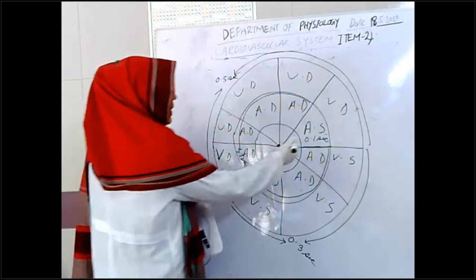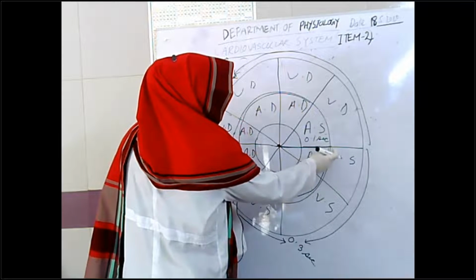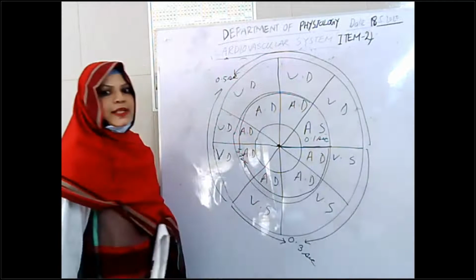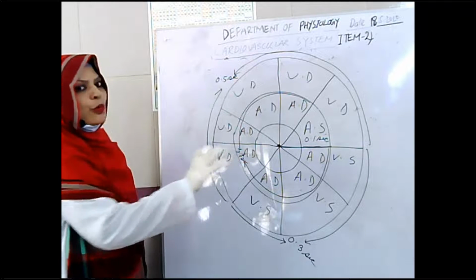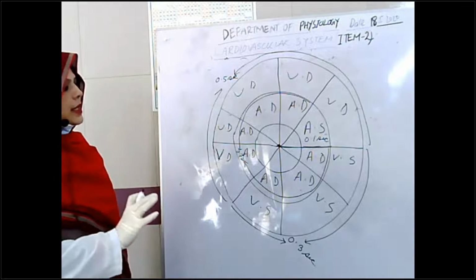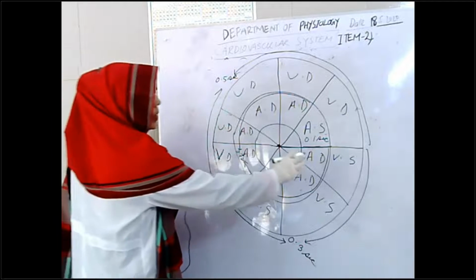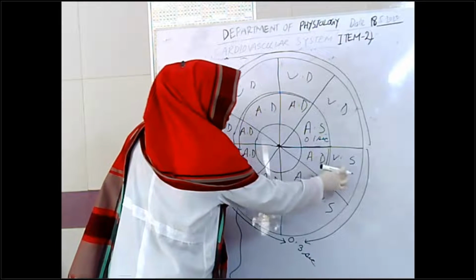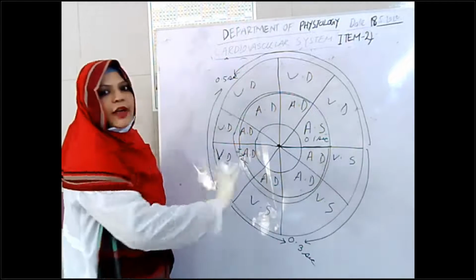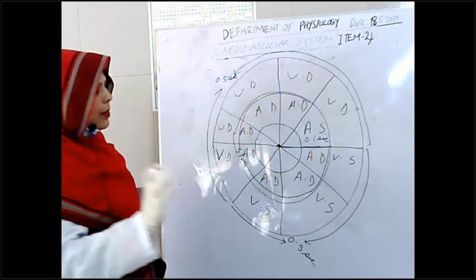So see here, atrial systole. After atrial systole, ventricular systole starts. There are two fundamental rules in the cardiac cycle. One thing is, atrial systole and ventricular systole never overlap. Please remember this.